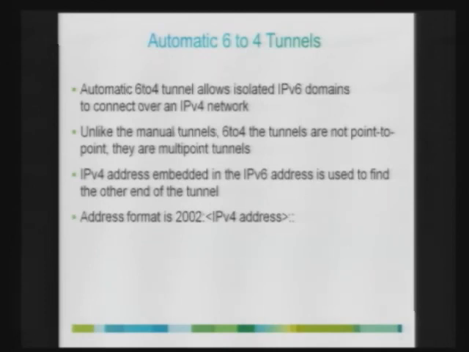And in order to make it automatic and allow V6 to find out the corresponding V4 address and create a tunnel and carry it over to the other side, the IPv4 address of the destination or the node is embedded in the network portion, the prefix portion of the address. So it is 2002 plus the 32-bit IPv4 address.